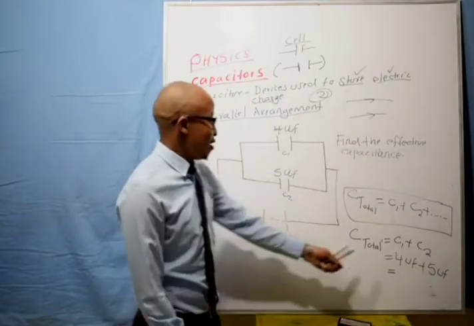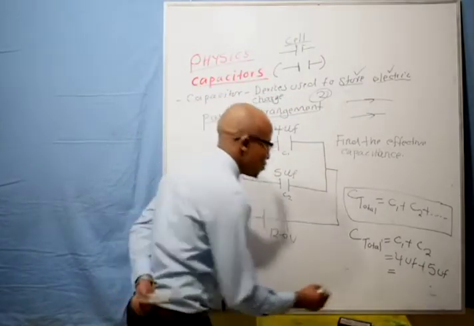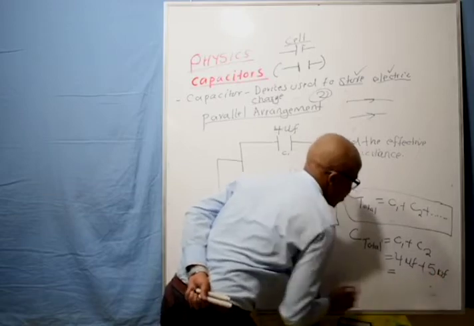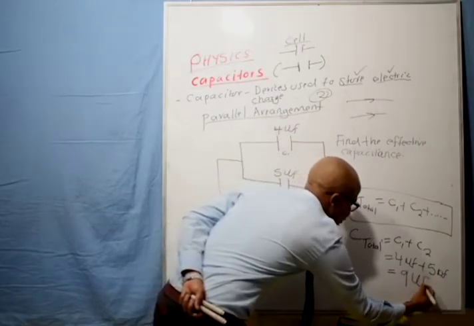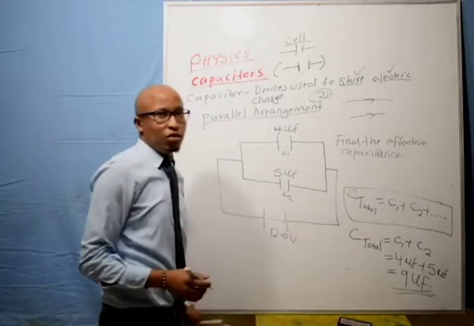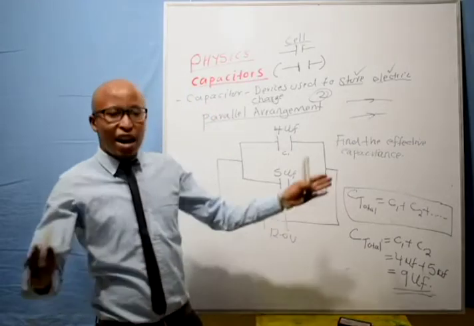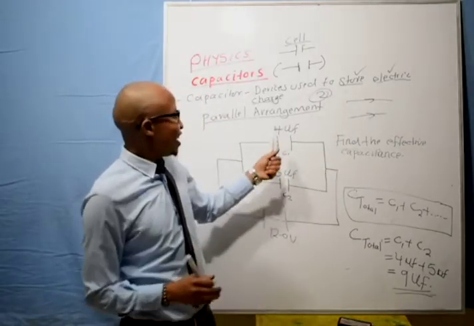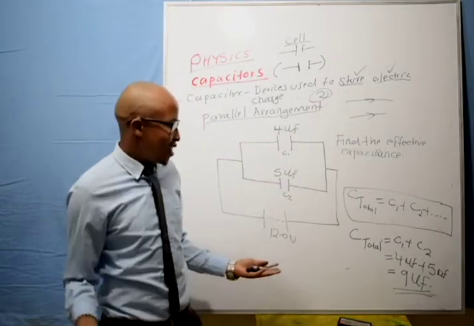When you add 4 plus 5 microfarads, it becomes 9 microfarads. It's not a new unit, it is still microfarads. Having known that CT is equal to the sum of all the capacitors that you have, if you had 3, you add this one, plus this one, and plus the other one.